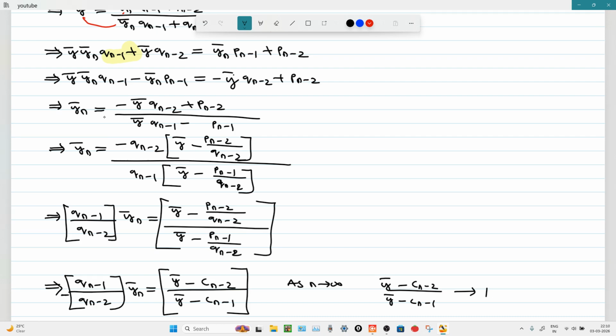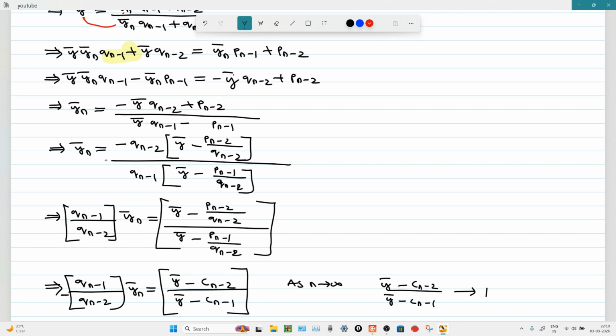Then yn bar equals minus (p(n minus 2) minus y bar q(n minus 2)) divided by (q(n minus 1) minus ...), and this becomes yn bar minus p(n minus 2) over q(n minus 2), over q(n minus 2).